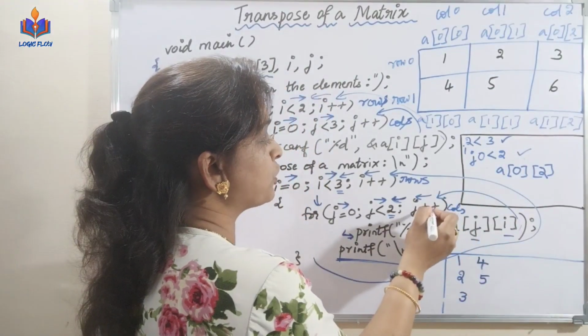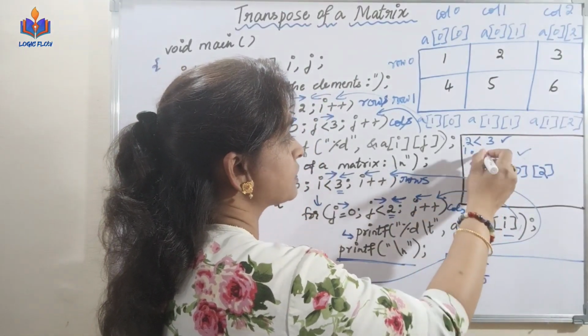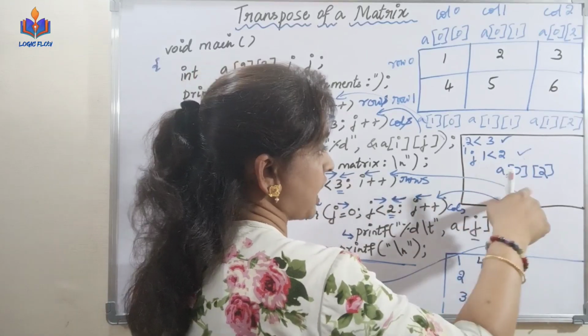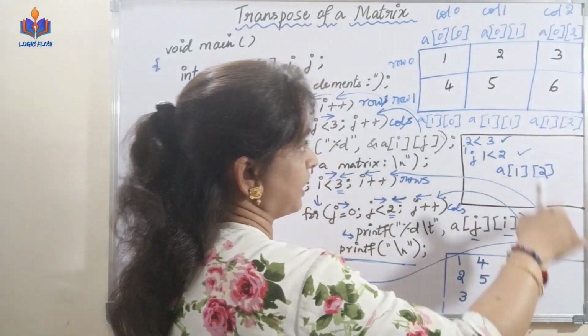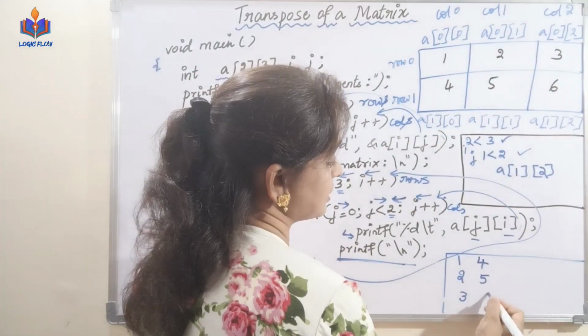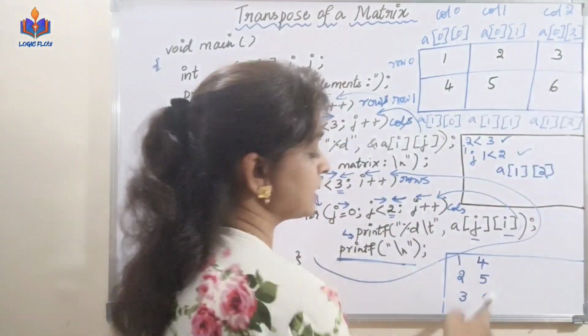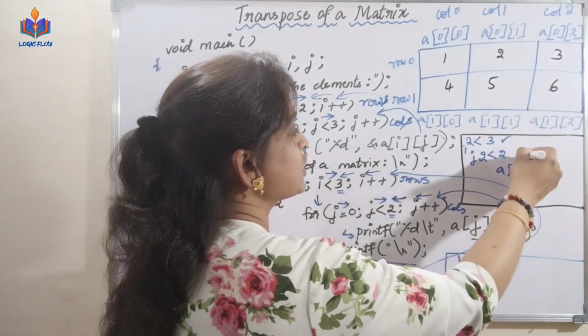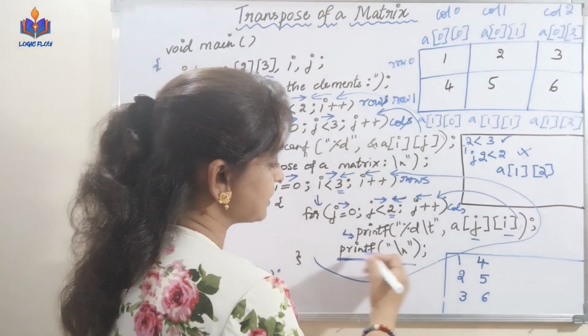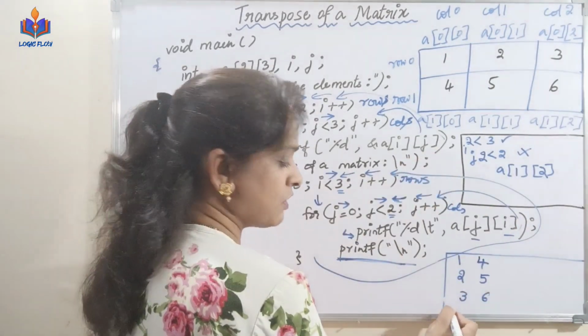Again inner loop progress. j gets increased. j becomes 1. Print a of ji. What is j? j is 1. i it is 2 only. A of 1, 2. It is 6. Again inner loop progress. 2 less than 2. Condition not satisfied. Execute this and then take outer loop progress. Cursor will just come to the next line.